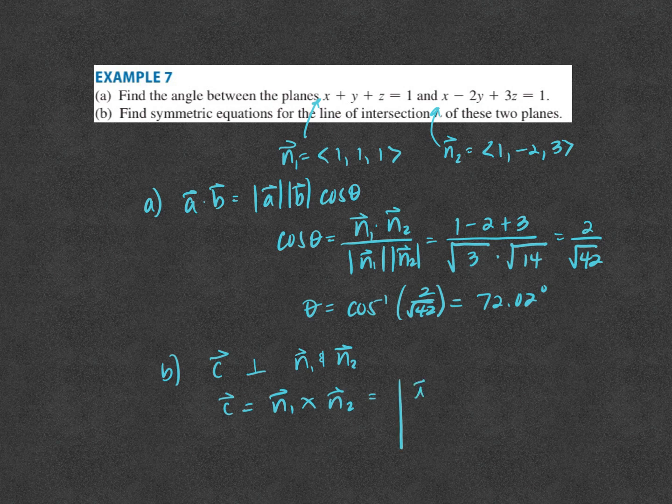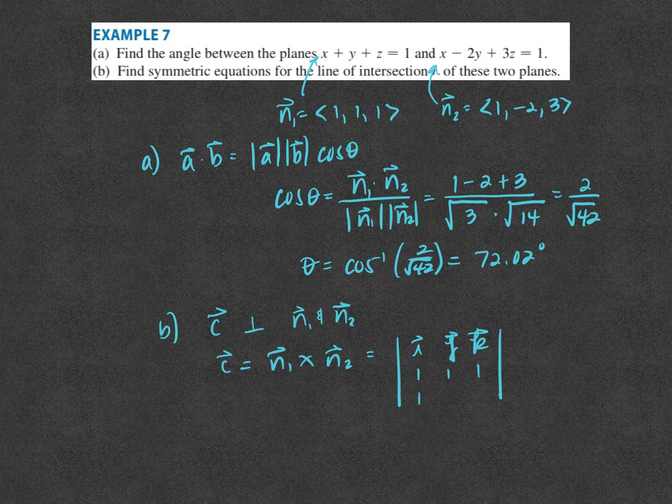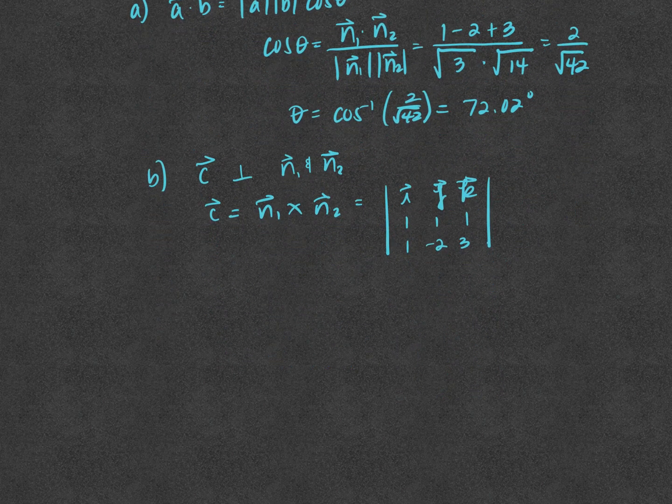So here we go with our beautiful cross product again. i, j, k. We're going to put N1 in our first row, 1, 1, 1, and N2 in our last row, 1, -2, 3. And then we're going to go ahead and find the cross product.